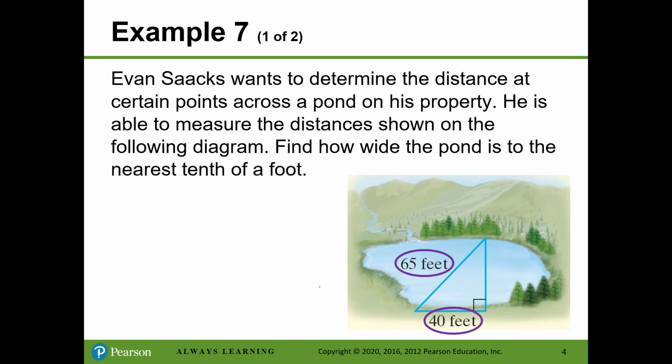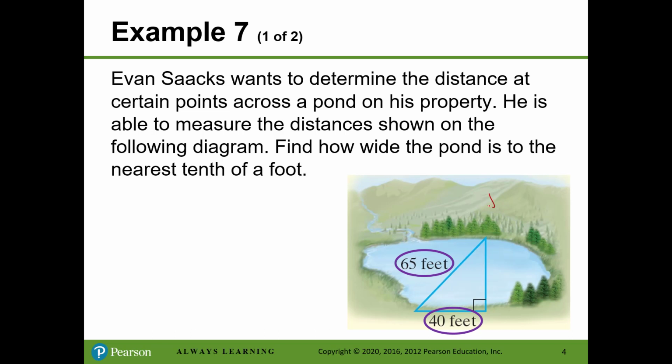Evan Sachs wants to determine the distance at certain points across a pond on his property. He is able to measure the distances shown on the following diagram. Well, that was very nice of them. They gave us a picture. They want to know how wide is that pond to the nearest tenth of a foot. So when we take a look at this picture, they drew a what?